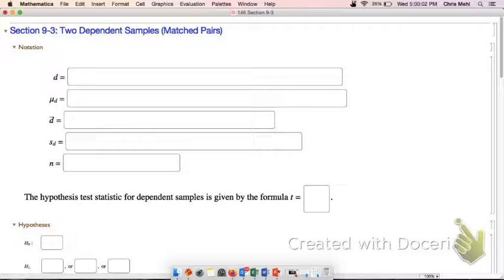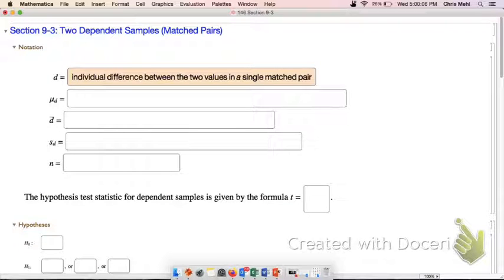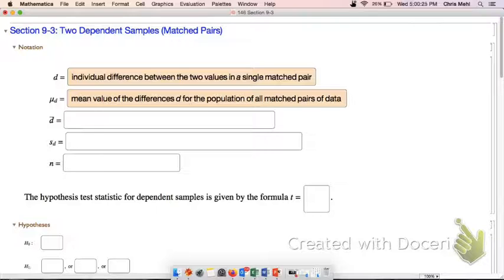If you took the differences between each matched pair, that would be what lowercase d represents. So d is the individual difference between the two values in a single matched pair. Mu sub d, remember mu is a population mean, is the mean value of all the differences for the population of matched pairs of data.